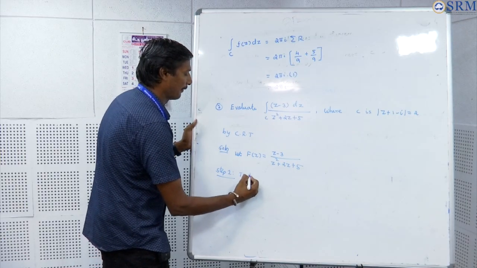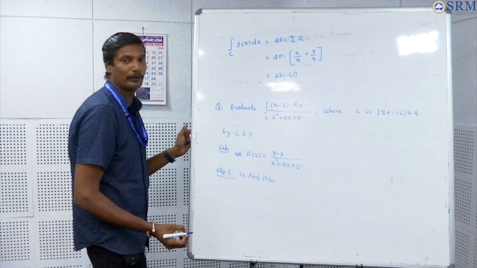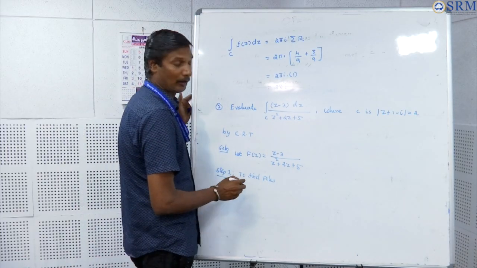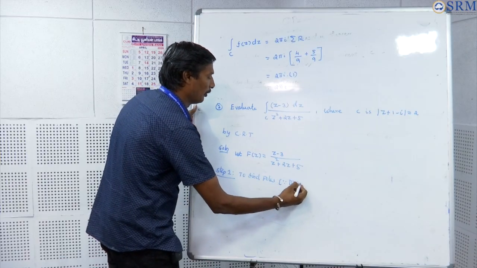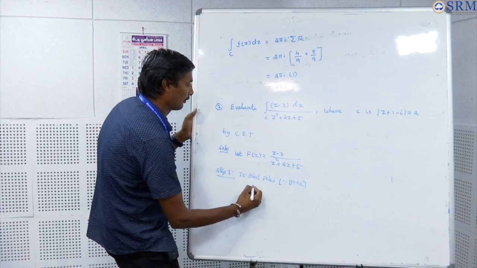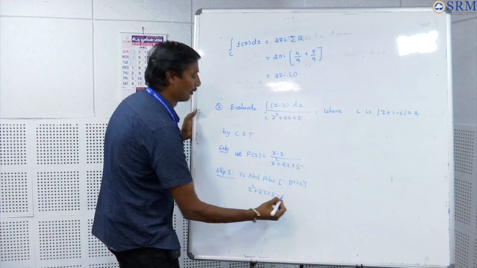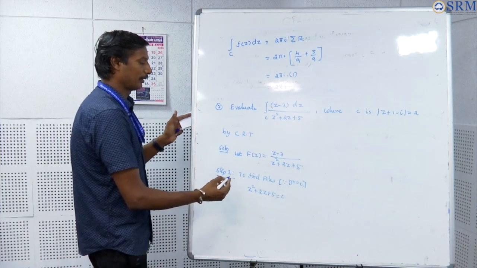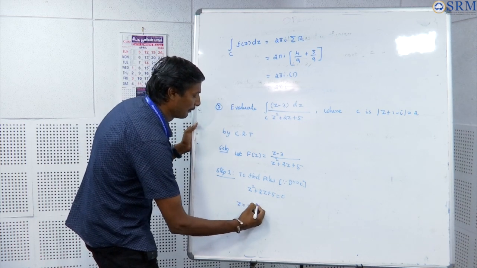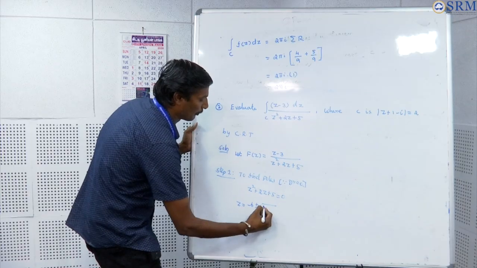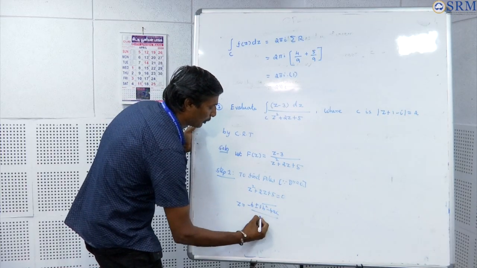Okay, step 1, you know it, everyone: what is step 1? To find the poles. Yes, good. How do we find the poles? Set the denominator equal to 0. So we get z square plus 2z plus 5 equal to 0. Using the quadratic formula, z is equal to minus b plus or minus root of b square minus 4ac upon 2a.